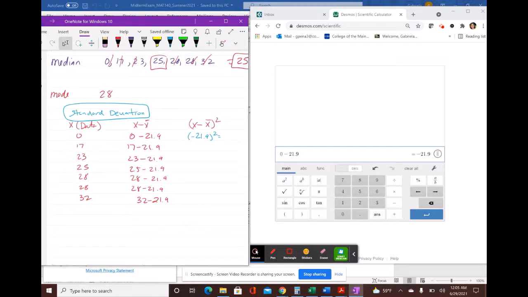So when I square that, I get 479.61. Then 17 minus 21.9 is negative 4.9, and then I have to square it. So my answer squared is 24.01.